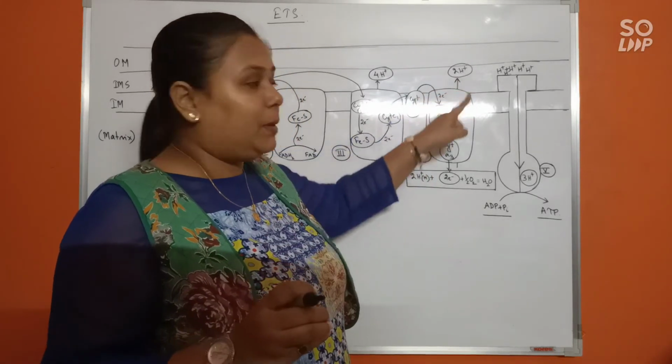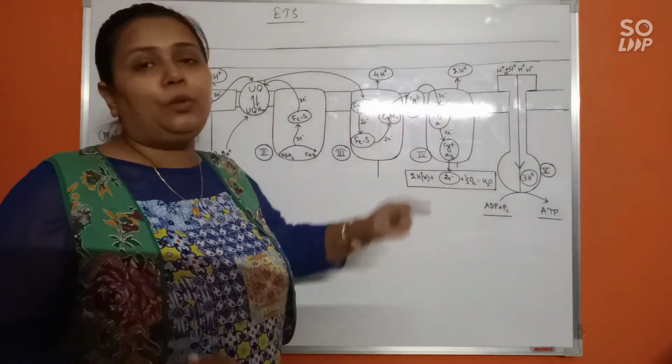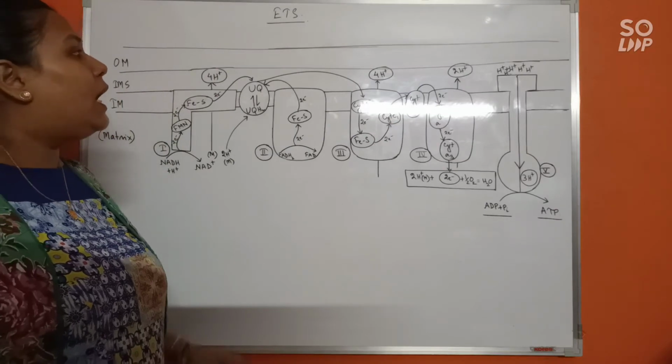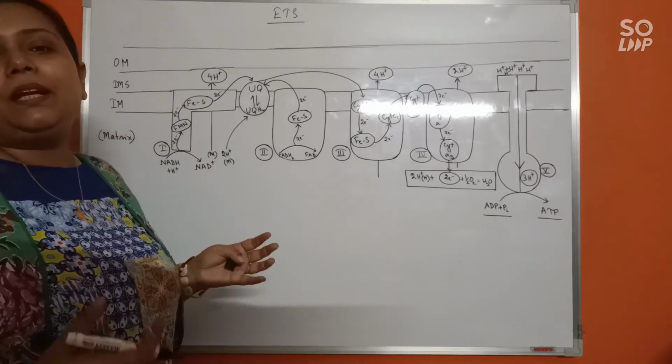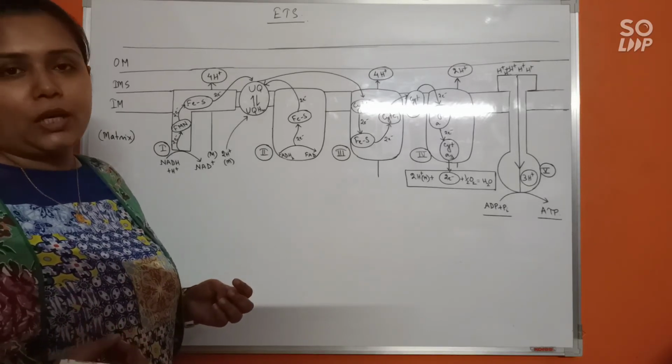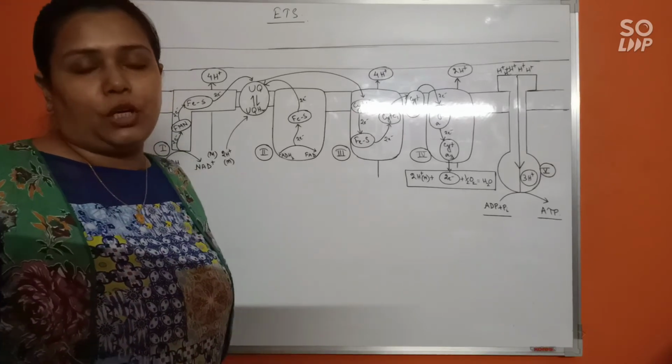So by the time metabolic water is formed, a lot of protons will be accumulated in the intermembrane space, and the matrix will hence show deficiency, or it will be lower in its proton concentration, whereas the intermembrane space will become high in proton concentration.